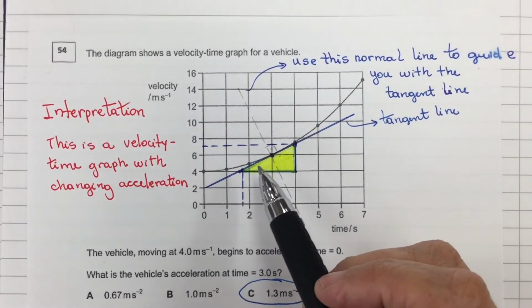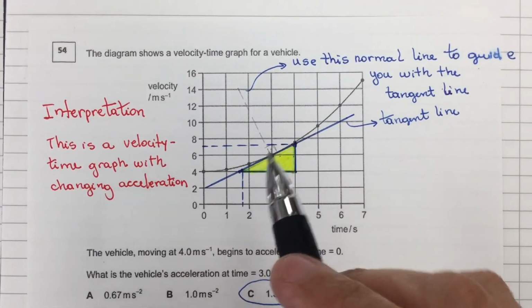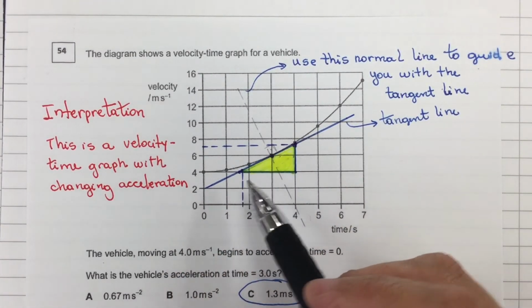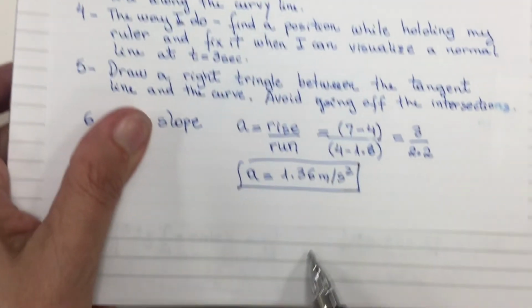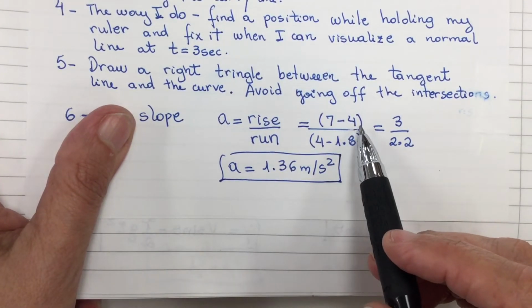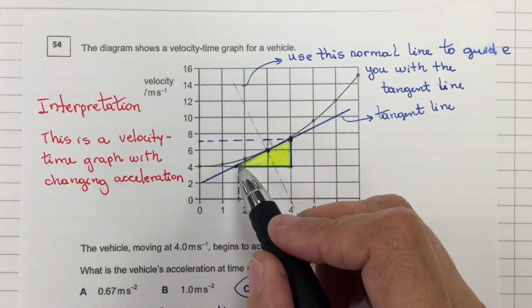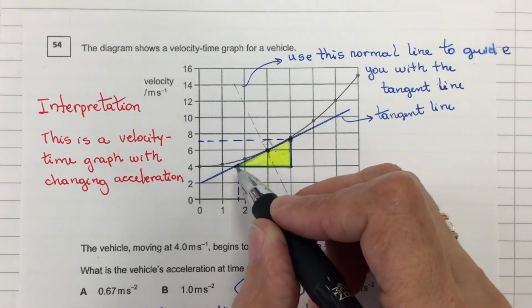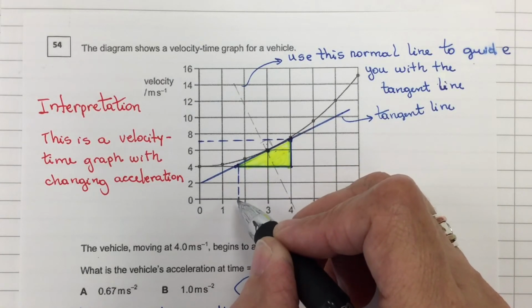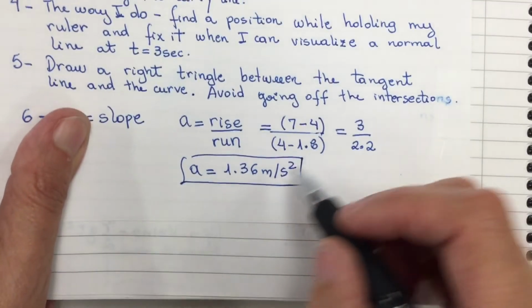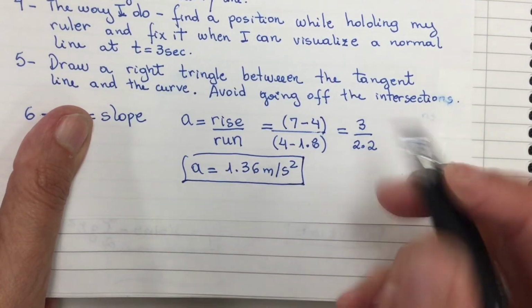Now in class, this is the graph that I did in the classroom. And the values that I have here are 7 minus 4, and for the run, 4 minus 1.8. So my tangent line is right here, and I got a better number, 1.36.